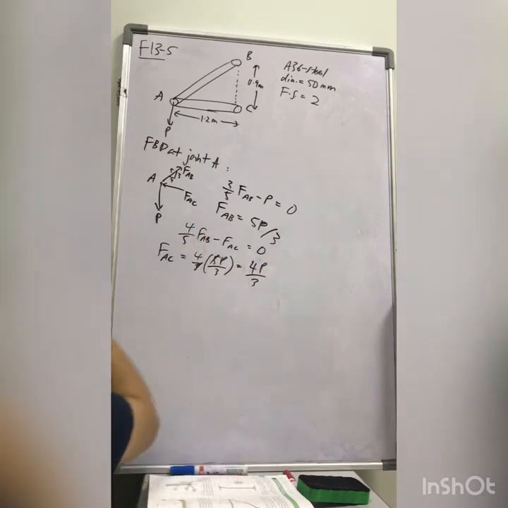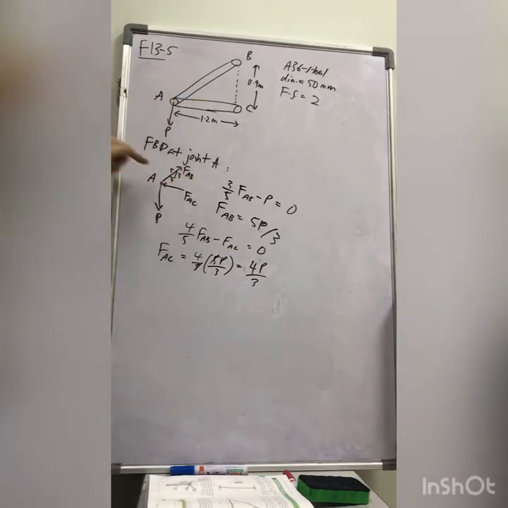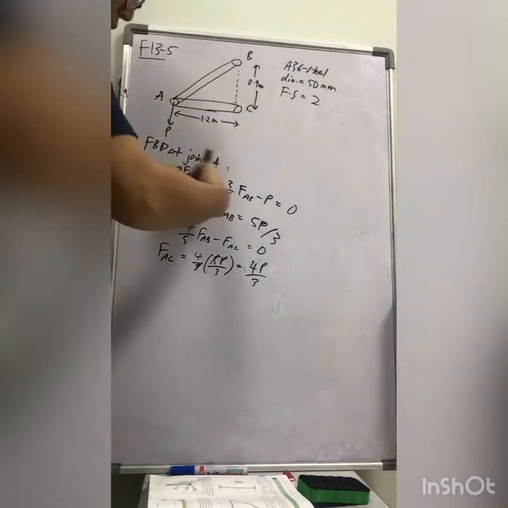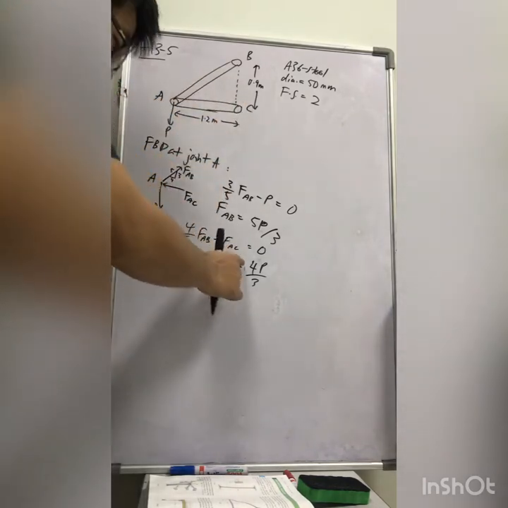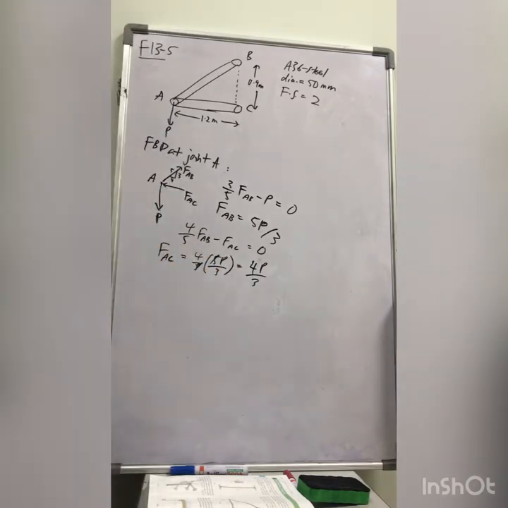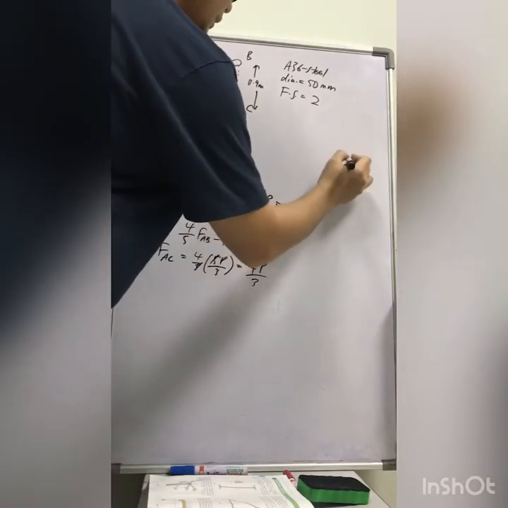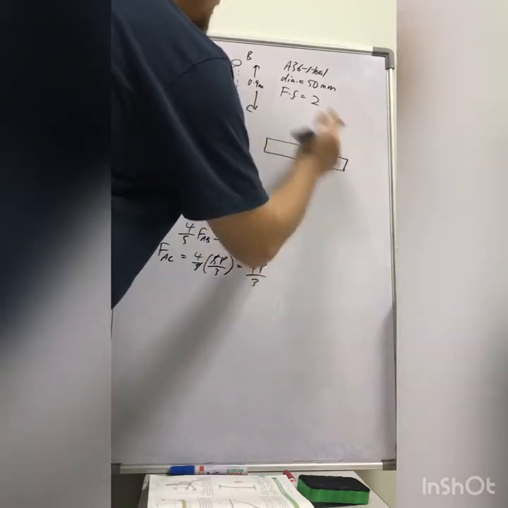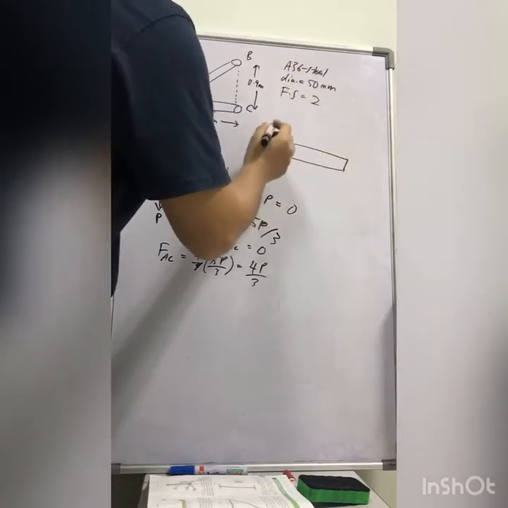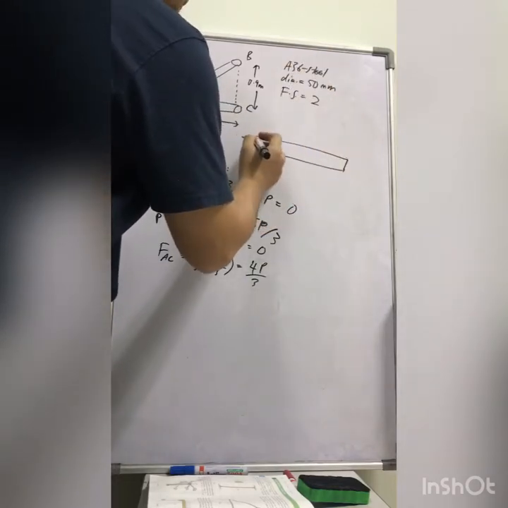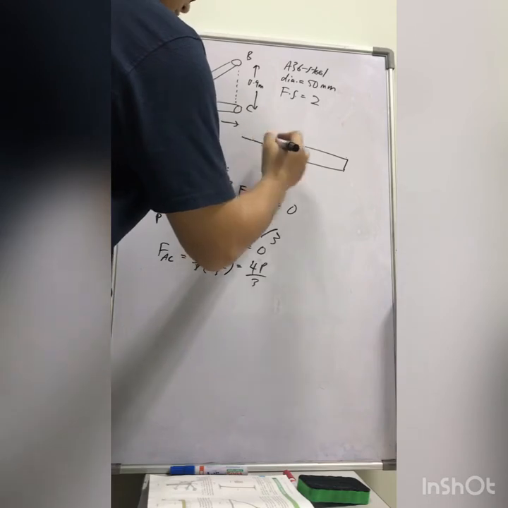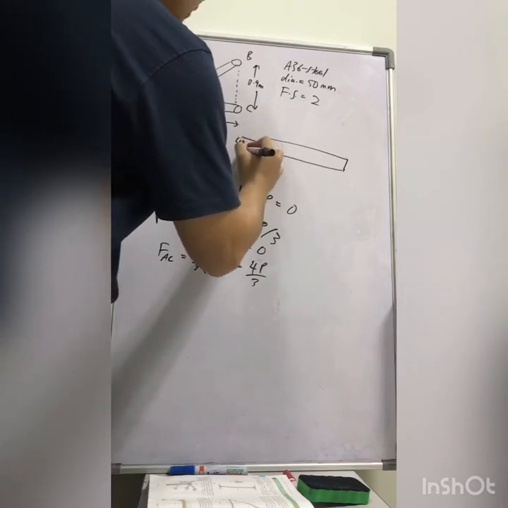Alright, so force AC, in this case, is it tension or compression? It is a compressive force, going inside. So the compressive force of FAC in terms of P is 4P over 3. So for this member AC, with this diameter of 50 millimeter, you have this compressive force of 4P over 3.